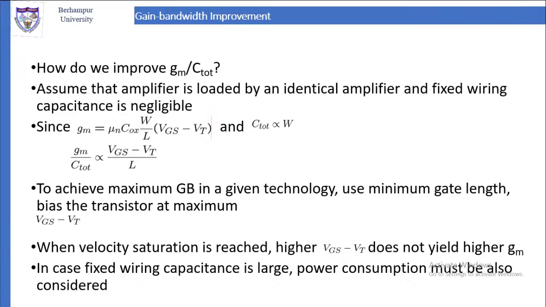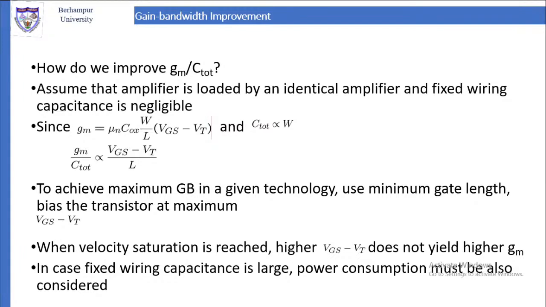When you are biasing, once you reach velocity saturation, a higher VGS minus VT will not yield any higher GM. So biasing can be done up to the point where the velocity reaches saturation. Beyond that there is no point, as it is not going to yield higher GM.